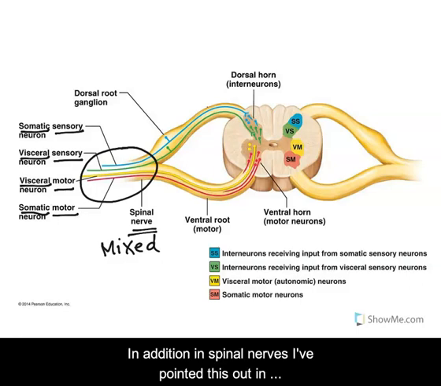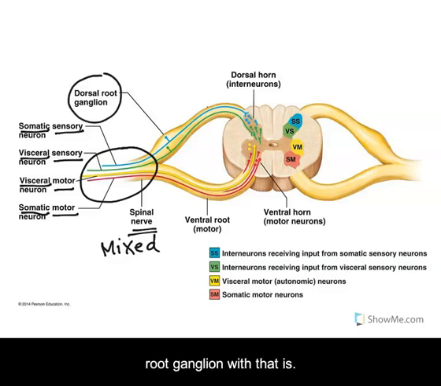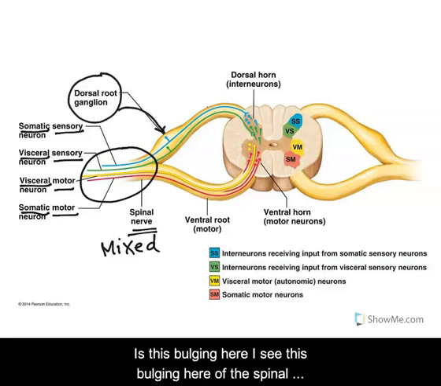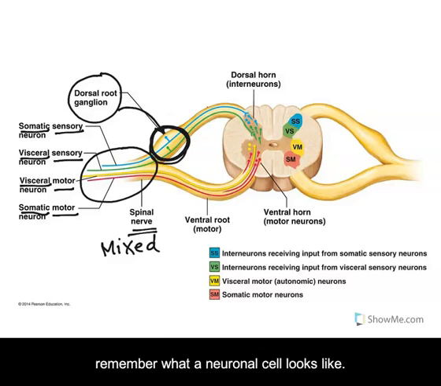In addition, in spinal nerves, I pointed this out in a previous lecture, I have something called the dorsal root ganglion. What that is, is this bulging here of the spinal nerve. That has to do with the collection of cell bodies. If you remember what a neuronal cell looks like, terrible artist, but I'm going to draw my soma.